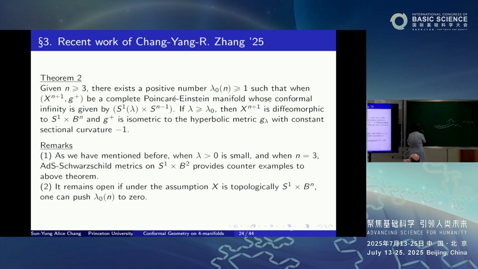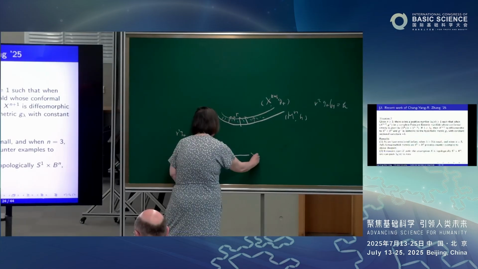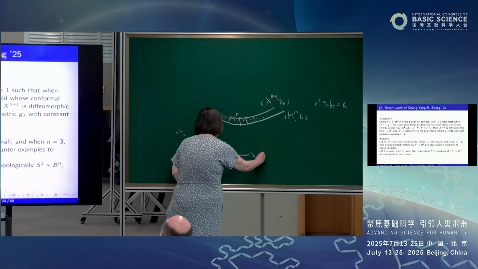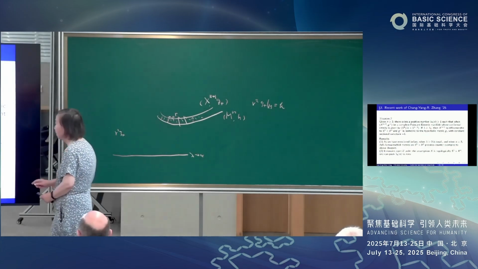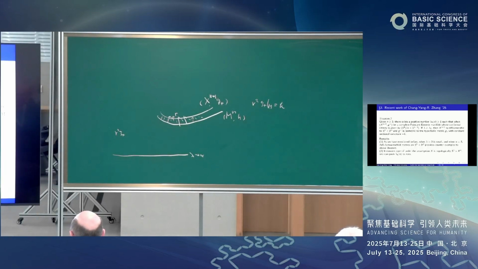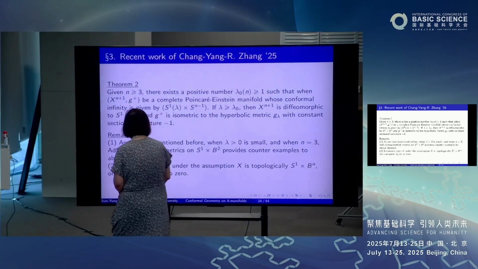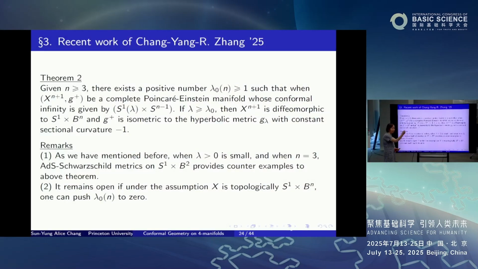So this is my parameter lambda. And when lambda tends to infinity, we know this is true, but we do not know that this can be pushed all the way to 0, even if the topology of the space is S1 cross Bn.